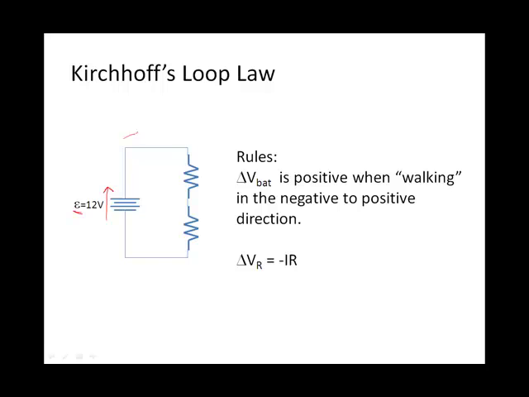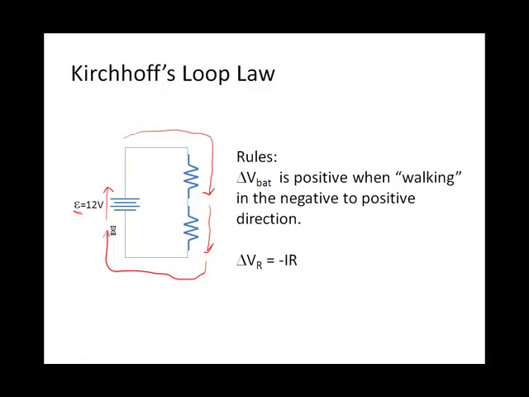And then the charge goes downhill when it crosses a resistor. In this case, we have 2 resistors, and so each resistor is going to give a potential drop until we drop back to the same potential at which we started.